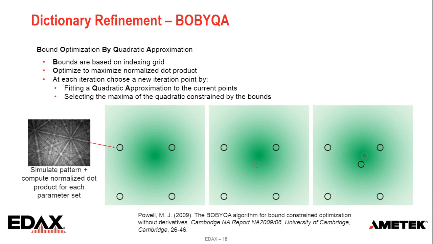So at this new point, you simulate a pattern, do the dot product, and get the metric, which is hopefully better than all of the points you have so far. And then you just iteratively do that until some convergence criterion, which is normally something like a fixed number of iterations, or a small step between two iterations, or something like that.